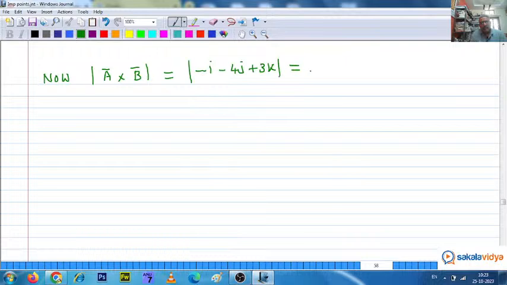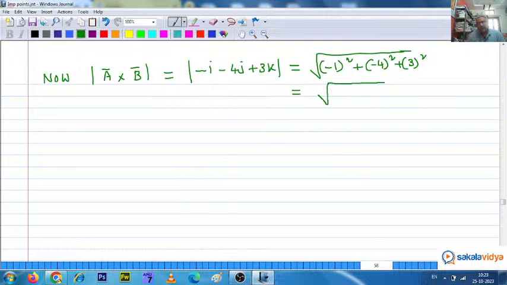So this equals the square root of, clear? The i coefficient is minus 1, so minus 1 square, plus j coefficient is minus 4, so minus 4 square, plus 3 square. So this is equal to the square root of 1 plus 16 plus 9, 25 plus 1, 26. Root 26 units this is.